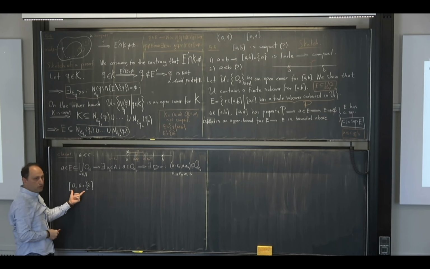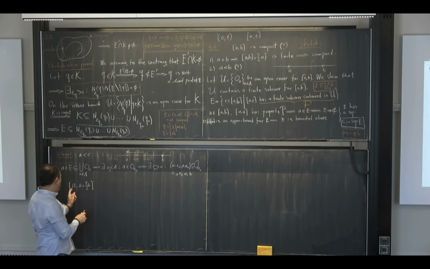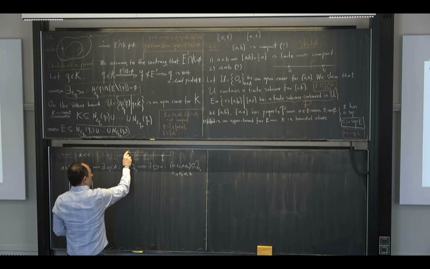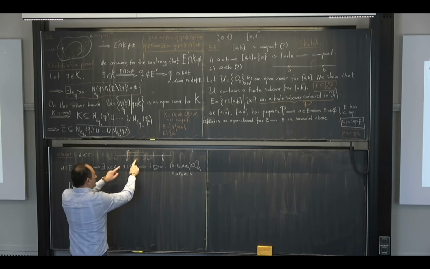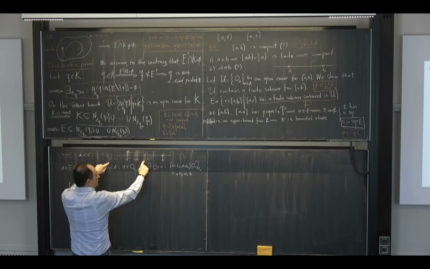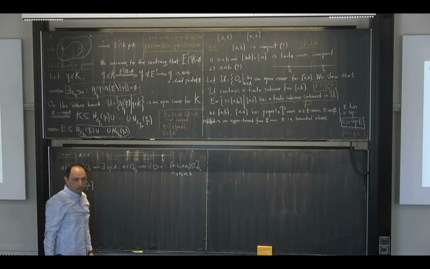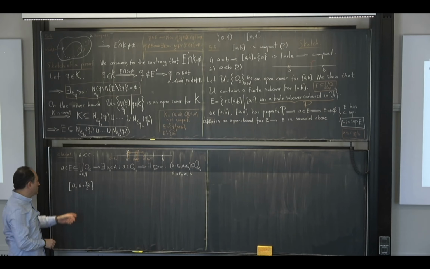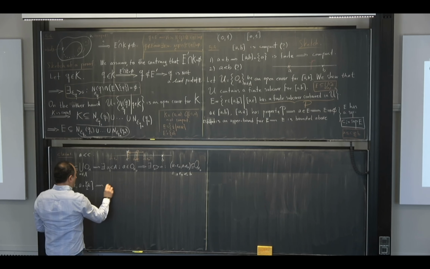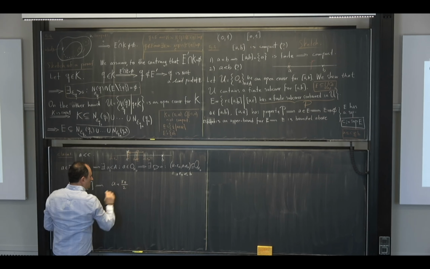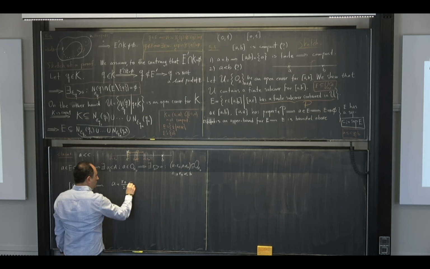So O alpha naught covers this one alone, because A starts from here and goes up to here. Do you see that? But this one is one part of this interval, and this interval is covered just by one open set. So this can be covered by finitely many open sets. So this means that A plus R naught divided by 2 belongs to E.